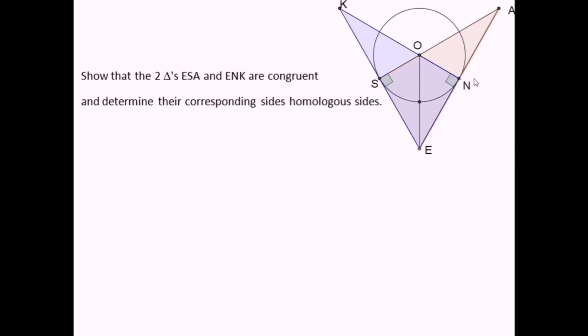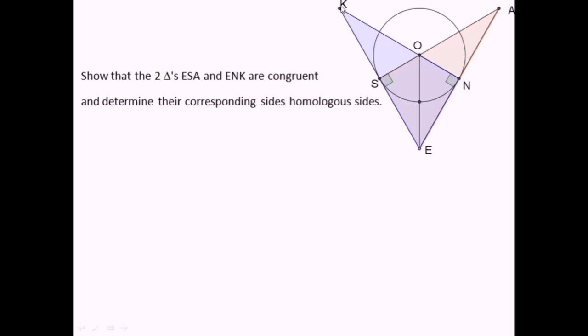Let's see what we can check here and what we can find. We already proved that SE is equal to EN equal to 2 radical 3. So SE in the red is equal to EN in the blue. So we find a side from here equal a side from here. That's great. What else?